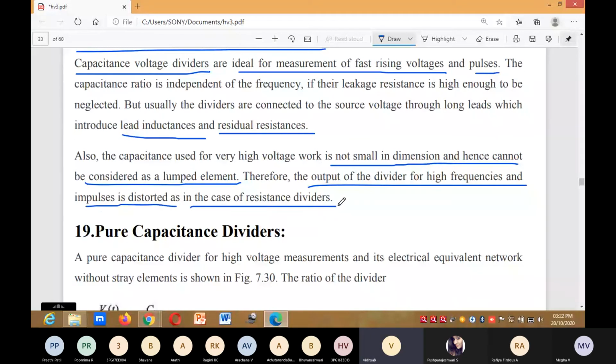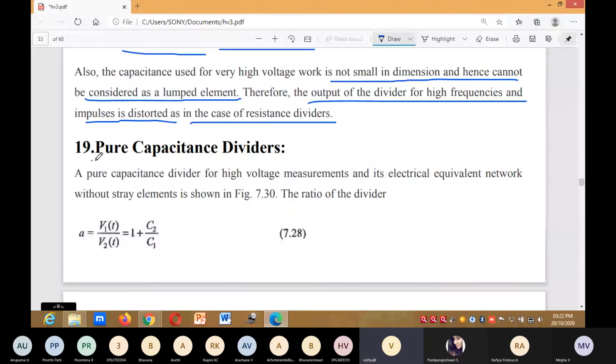Next topic is pure capacitance dividers.